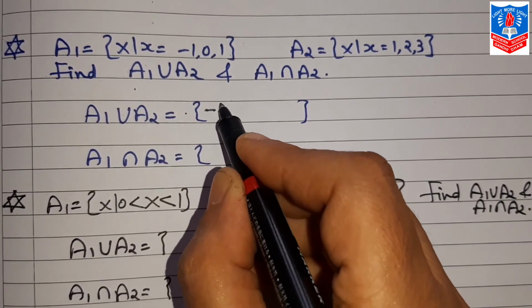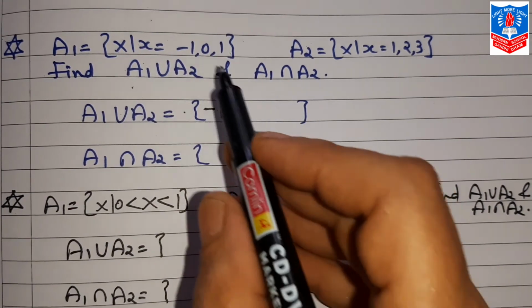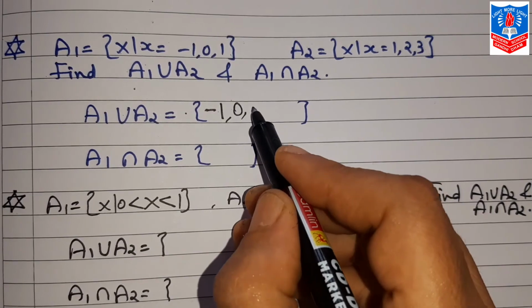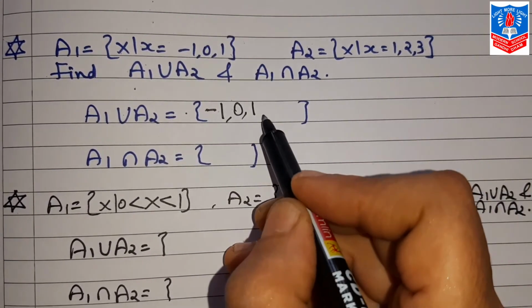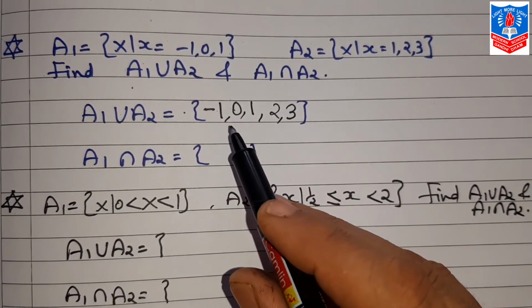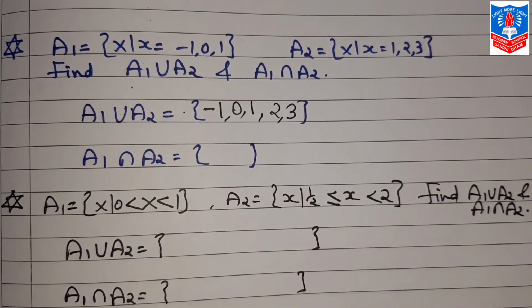Only important is which values are repeated, don't write that twice. Here it starts with -1, 0, 1; 1 is common, so we write it once only, then 2 and 3. So this way, -1, 0, 1, 2 and 3.